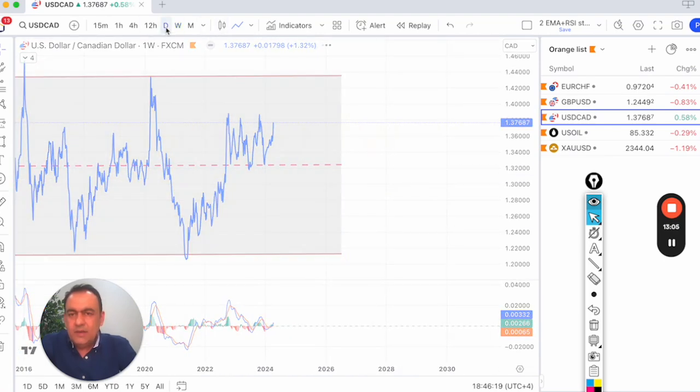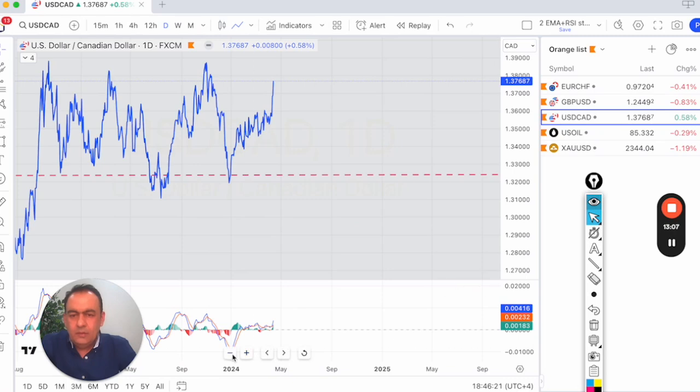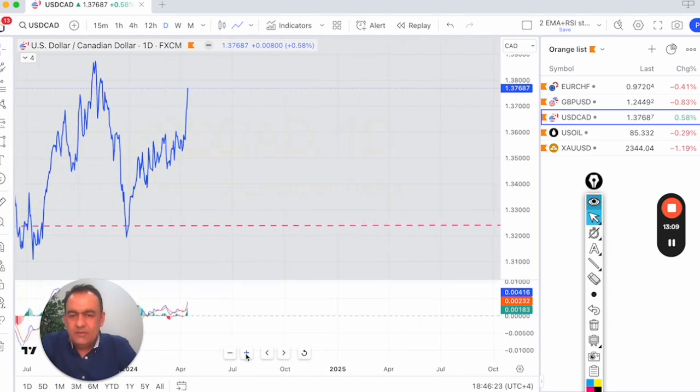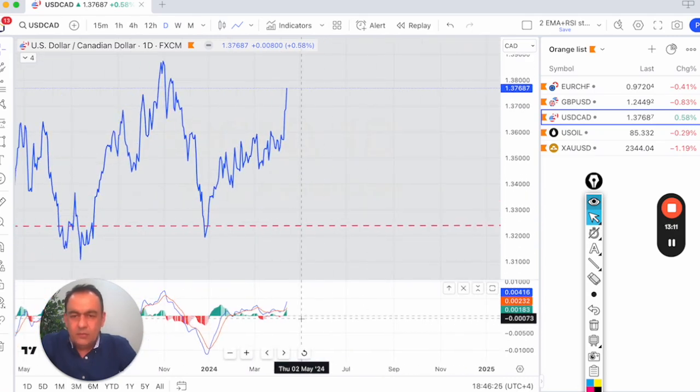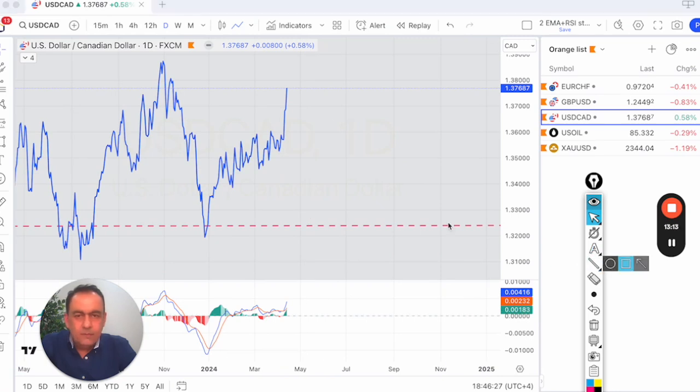Now moving to the daily chart, if you notice, we do not have any signs against the bullish direction. We have higher high formation of MACD histogram and MACD lines as well, so there is no bearish divergence coming into play.